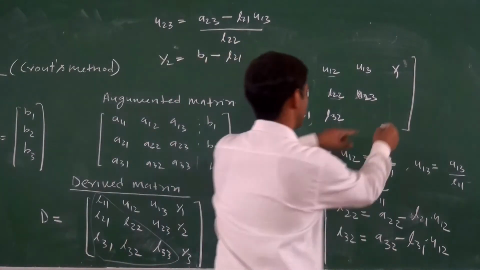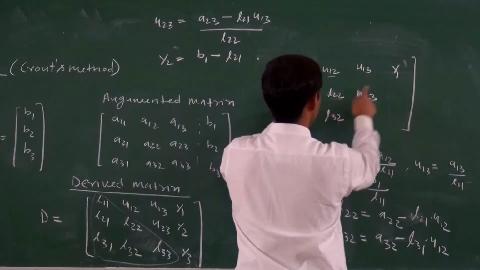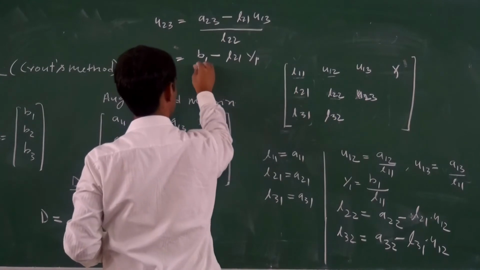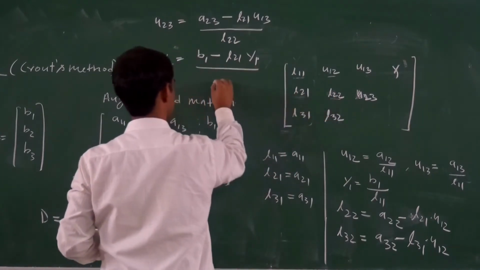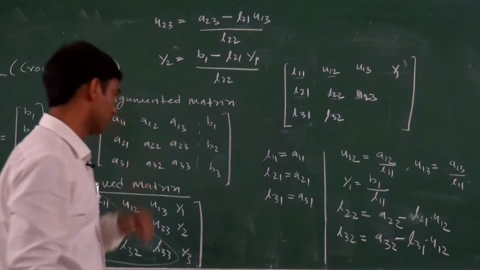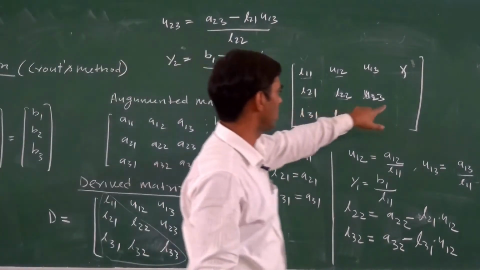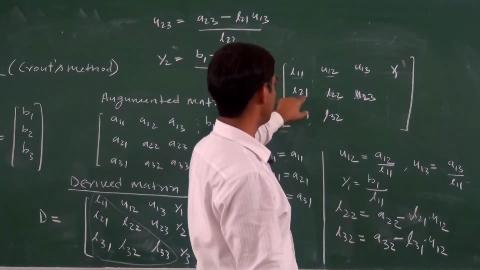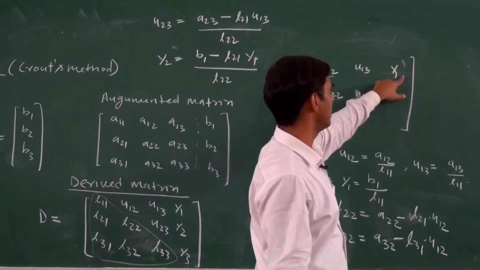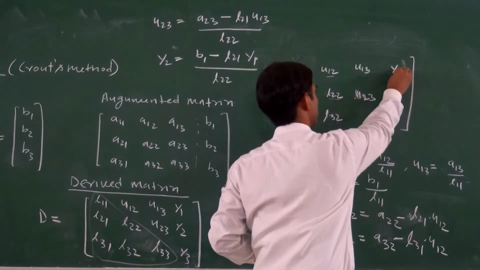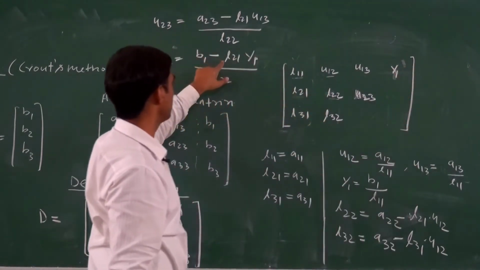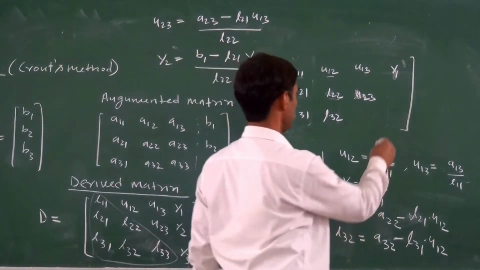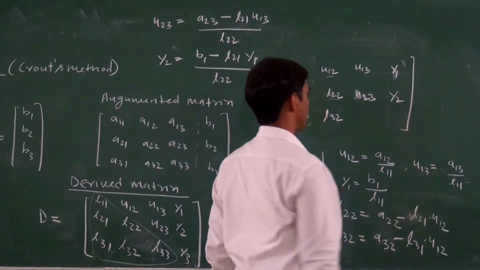The inner product is L21 into Y1, not U13, sorry. So B2 minus L21 Y1, divided by the leading diagonal element, L22. So to find the value of Y2, B2 minus the corresponding element in the row L21 and the corresponding element in the column, which is Y1, divided by L22. So we find the value of Y2.